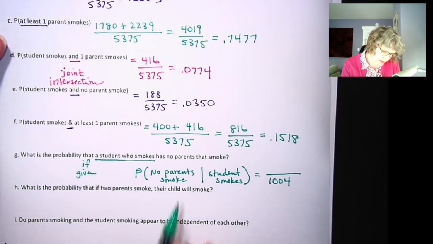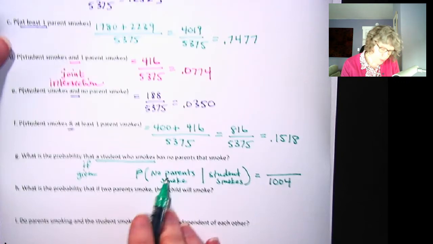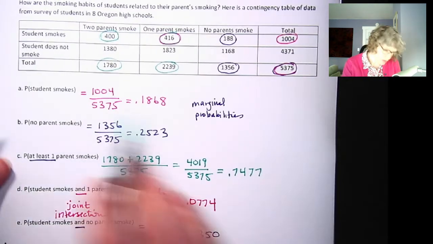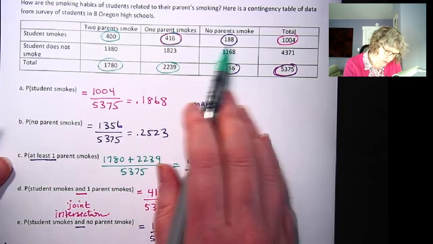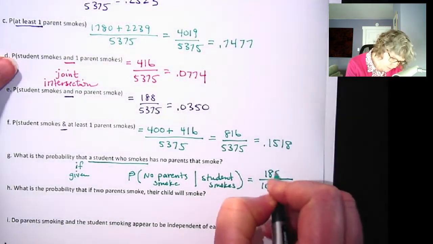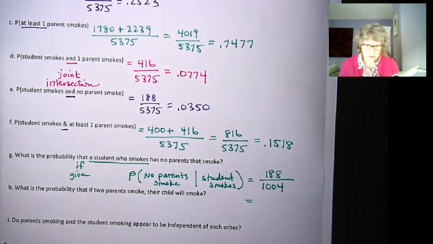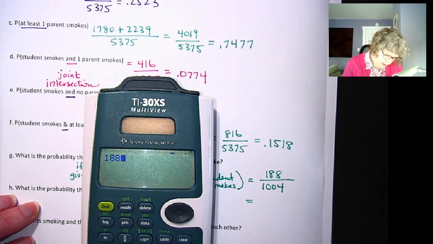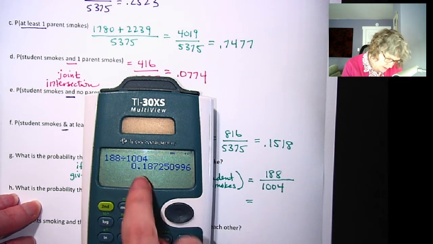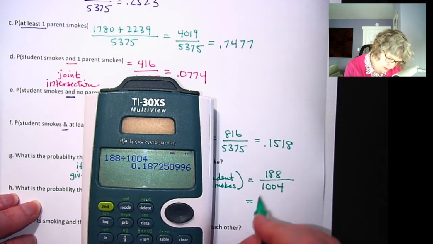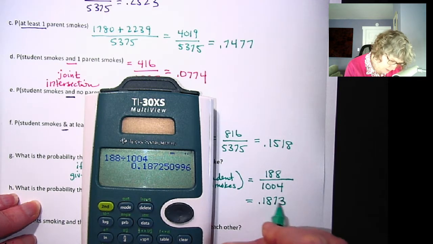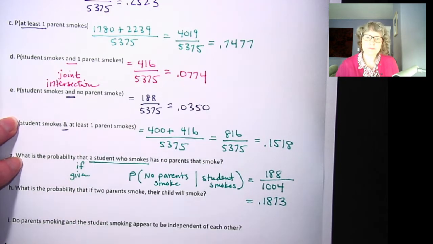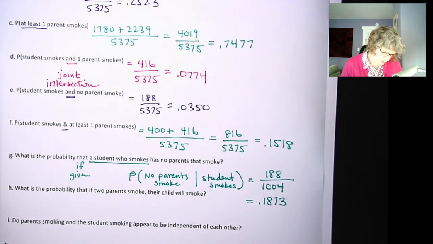Then we ask how many had no parents smoke? Student smokes, no parents smoke: 188 out of 1004, which is 0.1873.